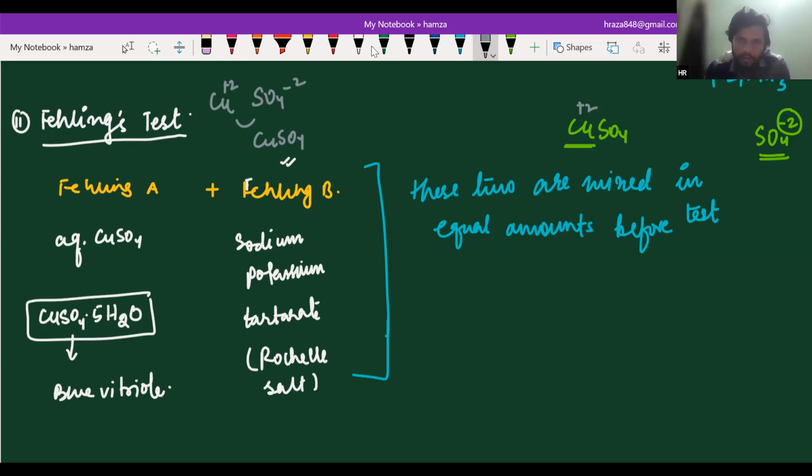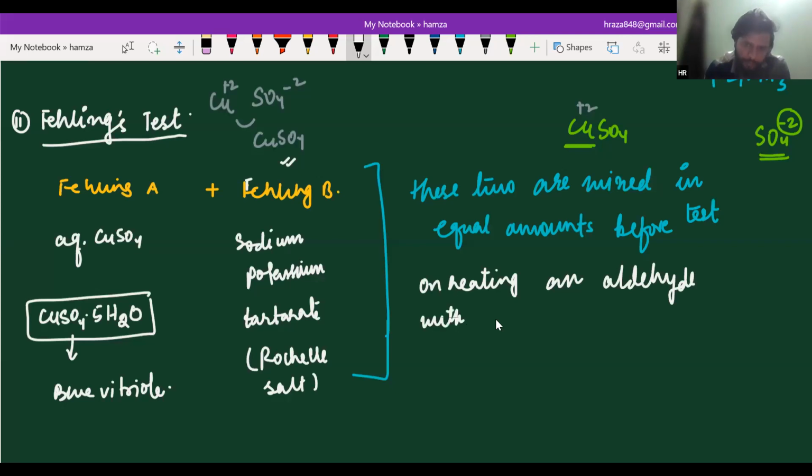Now we are going to heat an aldehyde with Fehling's reagent. These both are known as Fehling's reagent.